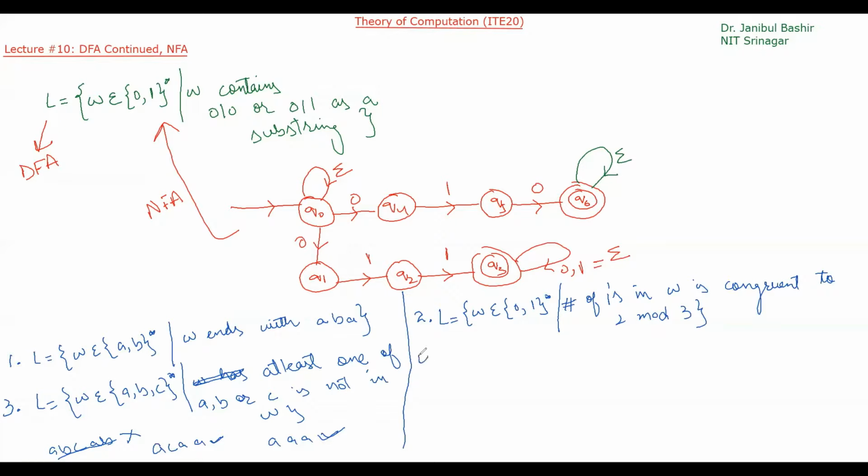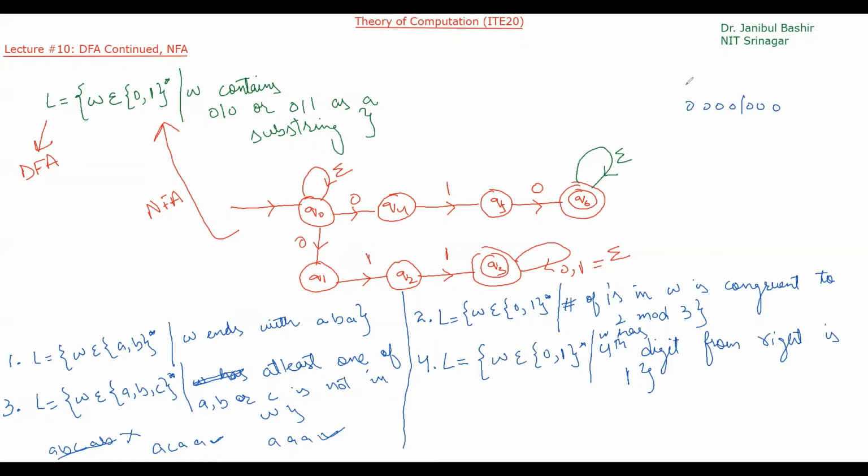The fourth is L is equal to W belongs to {0, 1} star, such that the fourth digit from right is 1.